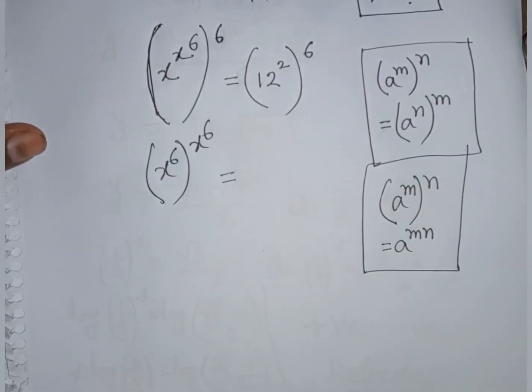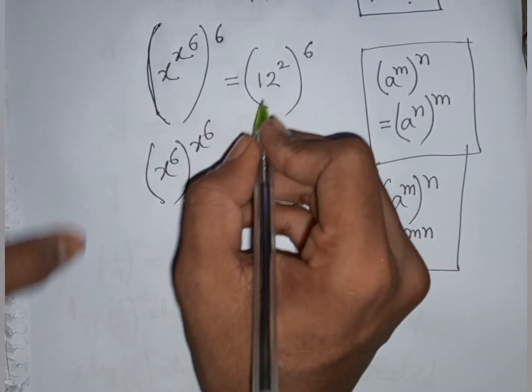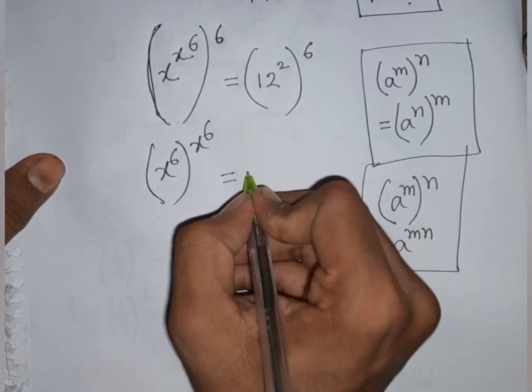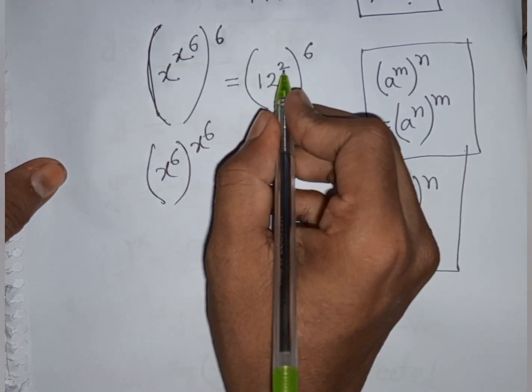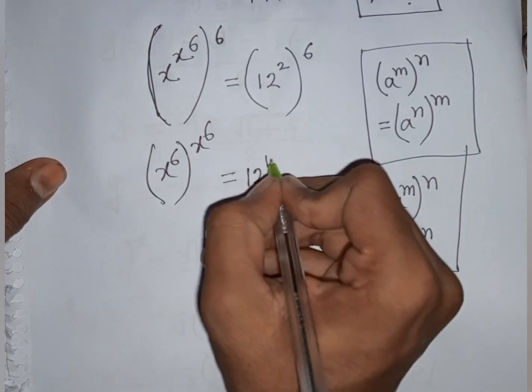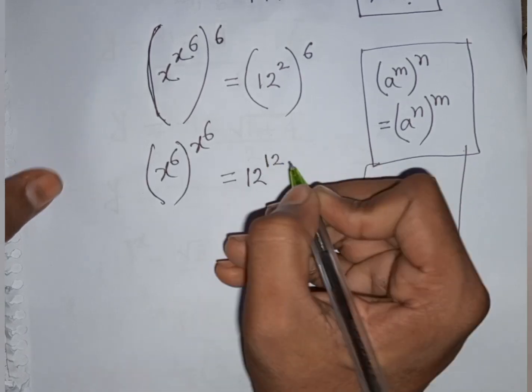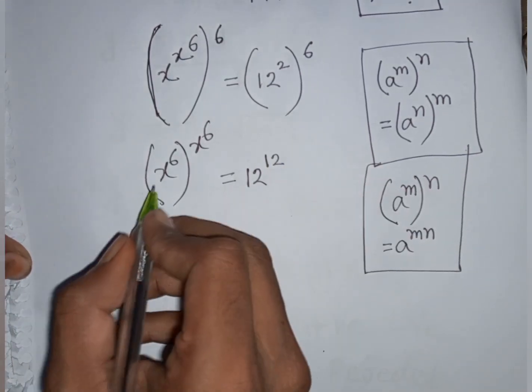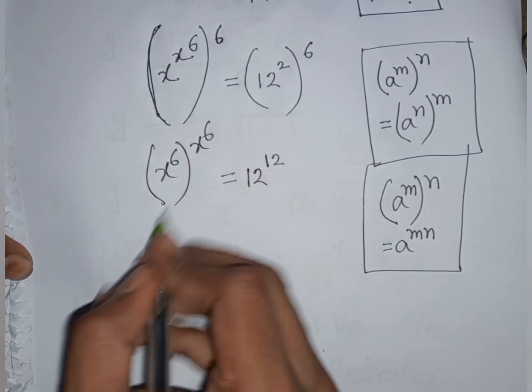So according to this rule, I can write 12 power of 2 times 6, that means it will be 12. Now x power 6, both terms are the same.